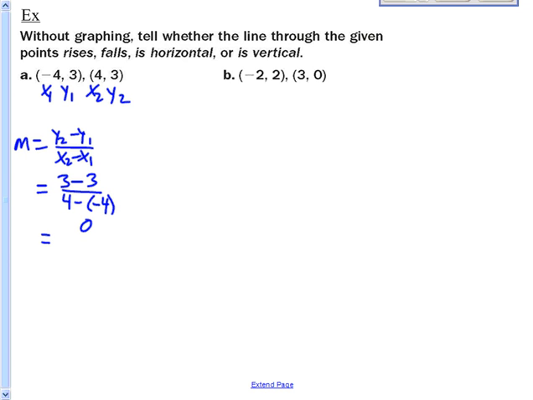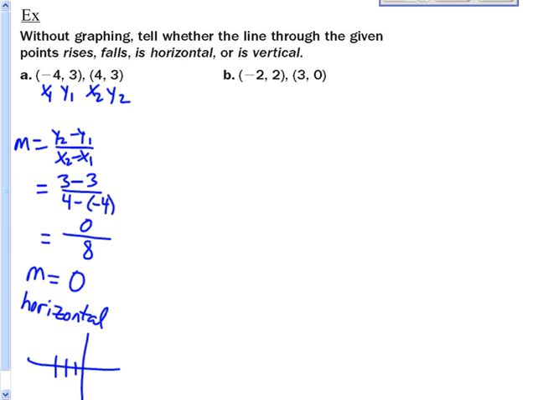Well, 3 minus 3 is 0. 4 minus the -4, 4 plus 4 is 8. 0 divided by any old number is 0. So our slope is 0. So this line will be horizontal. And if you think about that, you have (-4, 3) and then (4, 3). Oh yeah, that thing's going to be perfectly horizontal. If you were to graph it. I know it tells you not to graph, but if you were.